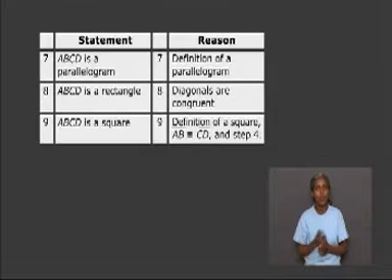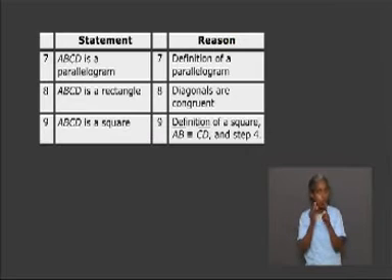But we can go a bit further than that. We can also see that all of the diagonals are congruent. That condition only fits the definition of a square.